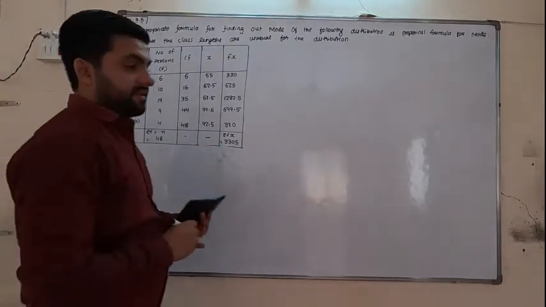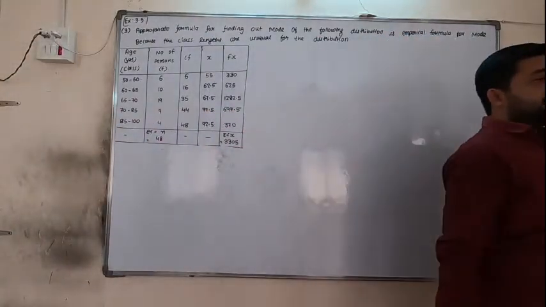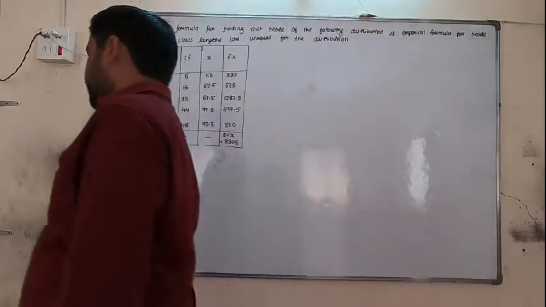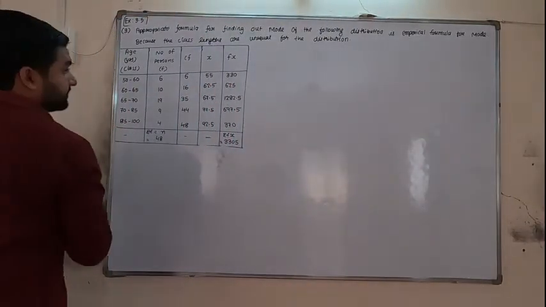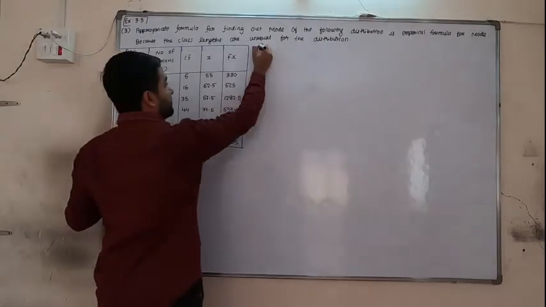Now we are solving first the median, then the x bar, and then finally the mode. So we are starting from here.